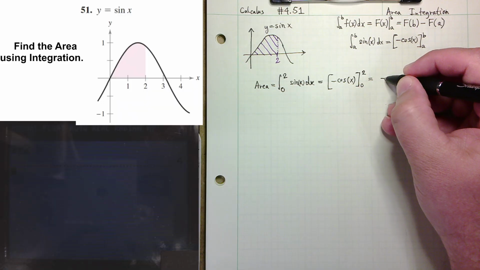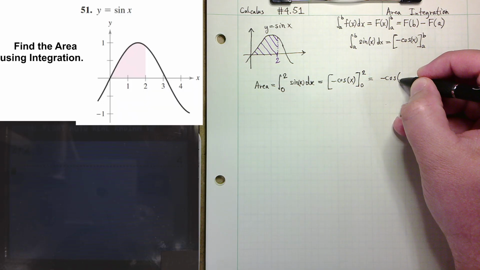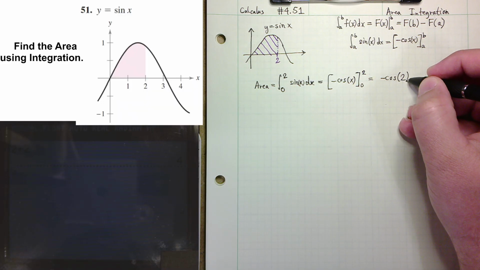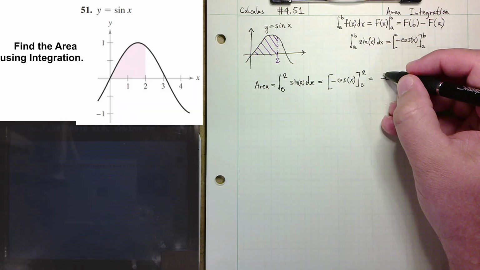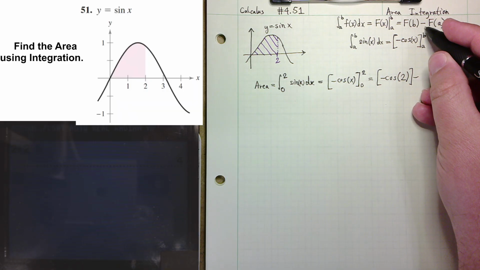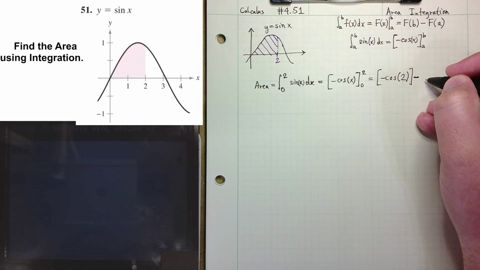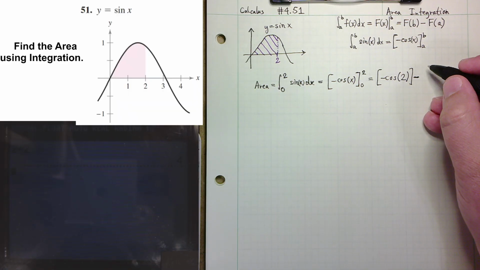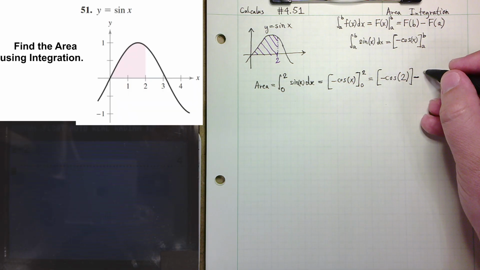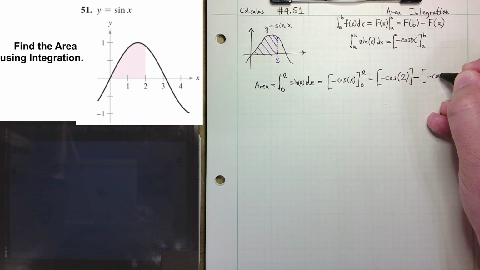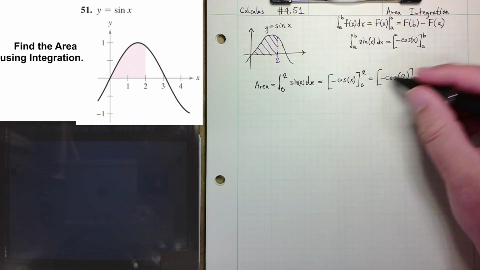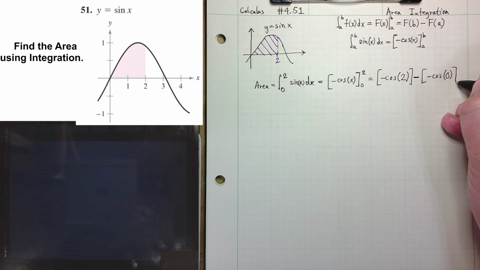So it's going to be negative cosine, substitute in 2 for this upper limit, minus, this minus here is this minus sign right here. We have f of a, which is going to be, in brackets, negative cosine of 0. Now, we know cosine of 0 is 1.